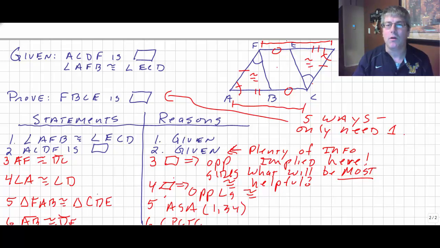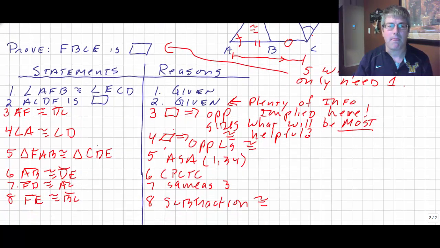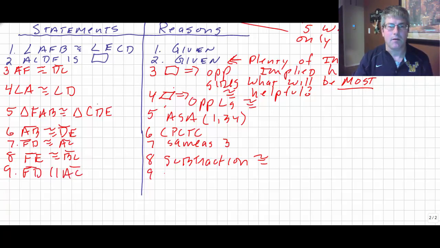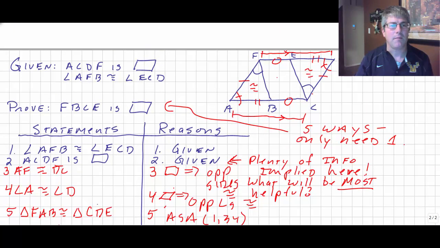I will probably do the little bit more difficult one. FD is parallel to AC because a parallelogram implies opposite sides parallel. And then step 10, I know that my figure is a parallelogram.